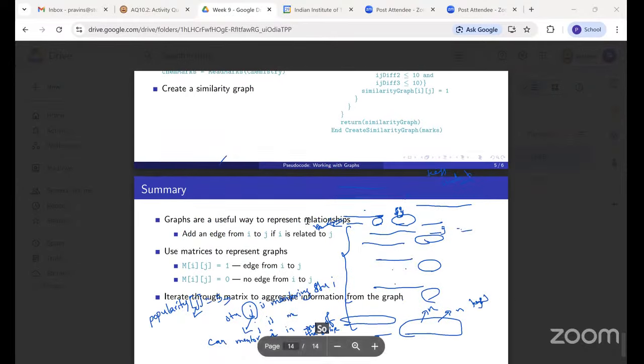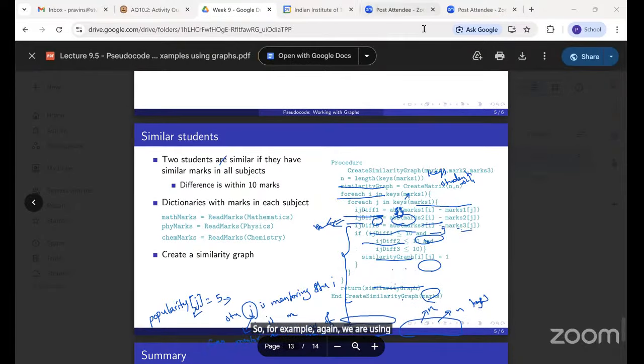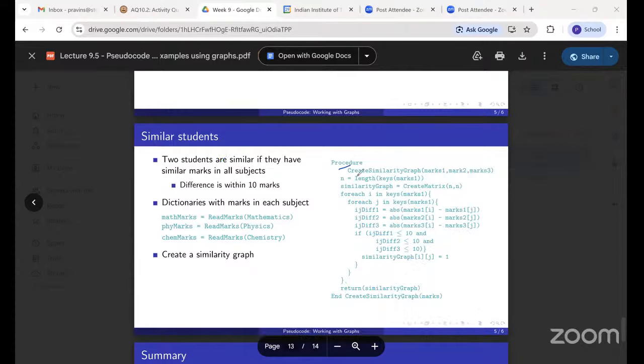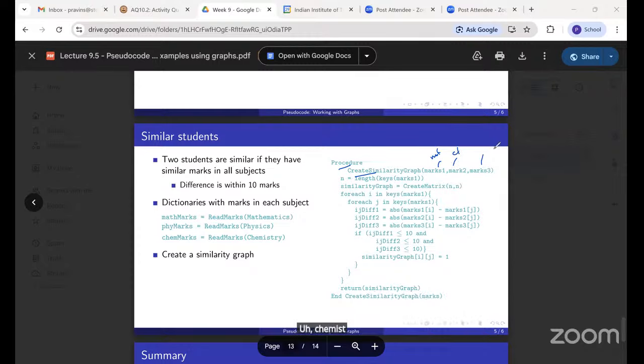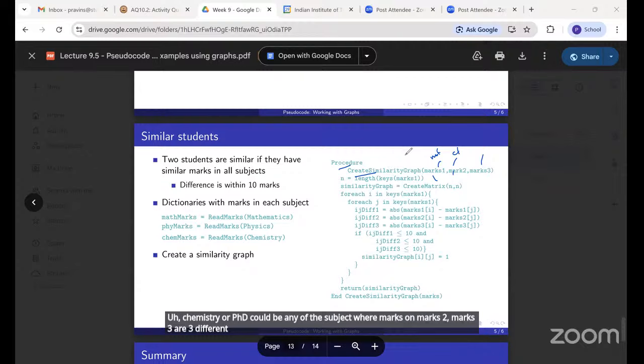So for example, again, we are using similar students, which follows the same kind of approach. Procedure create similarity graph takes marks 1, marks 2, marks 3 as dictionaries. These are nothing but subjects like mathematics, chemistry or physics; they are 3 different subjects.